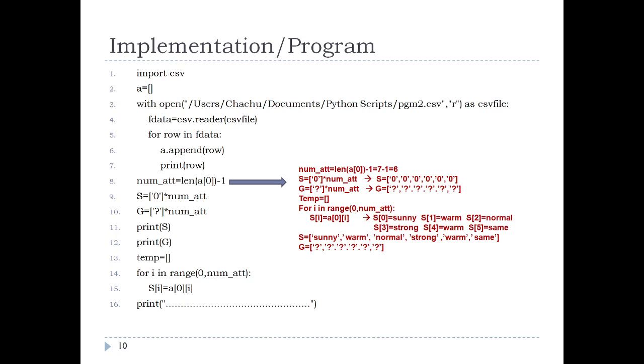Then we'll take the first positive example and copy the values from the first training example into the specific hypothesis. So here the specific hypothesis becomes sunny, warm, normal, strong, warm, and same, and the general hypothesis remains the same in this format.